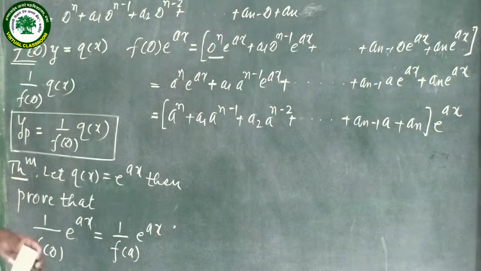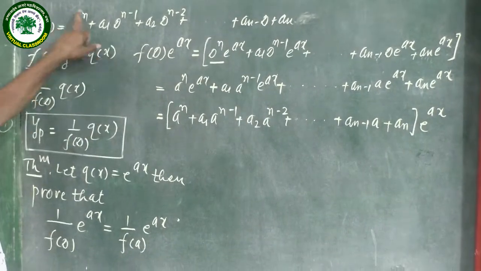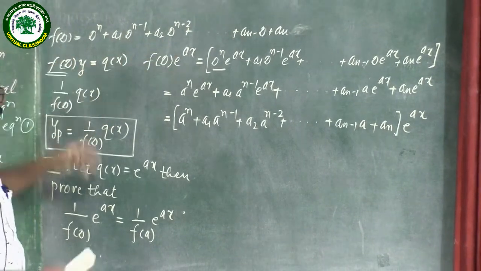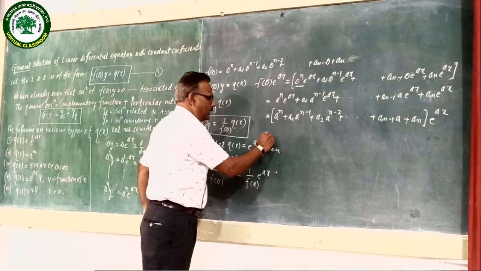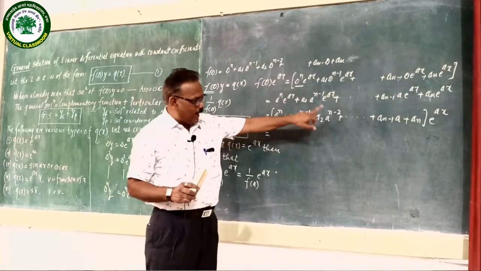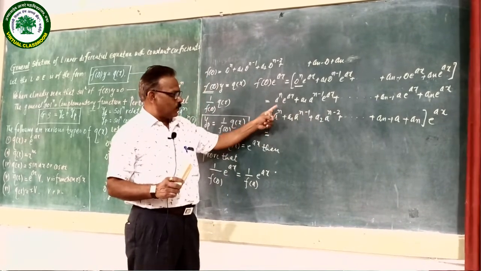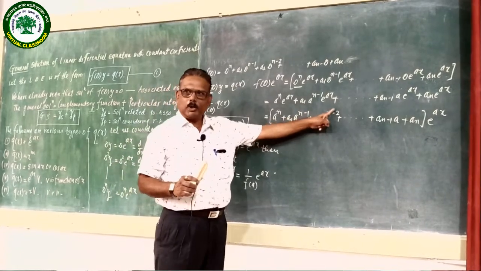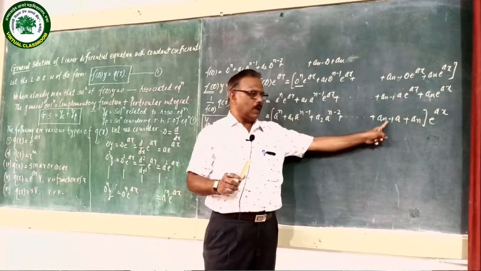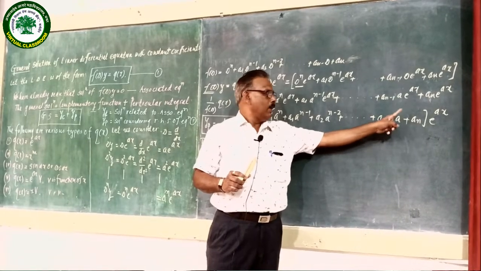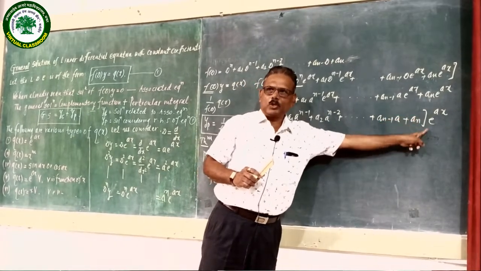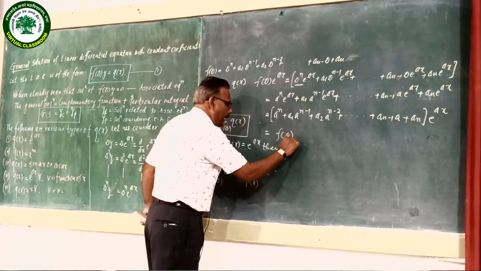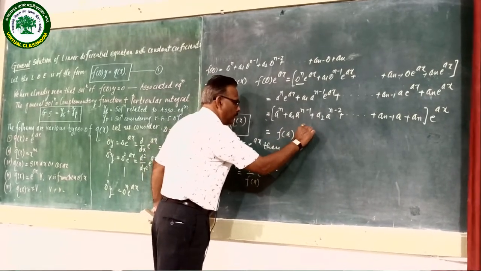As it is D raised to n plus a1 D raised to n minus 1 and continuing, this is a polynomial in D, therefore the bracketed quantity is a polynomial in a instead of D. That bracketed quantity is a polynomial in a, which is an nth degree polynomial.